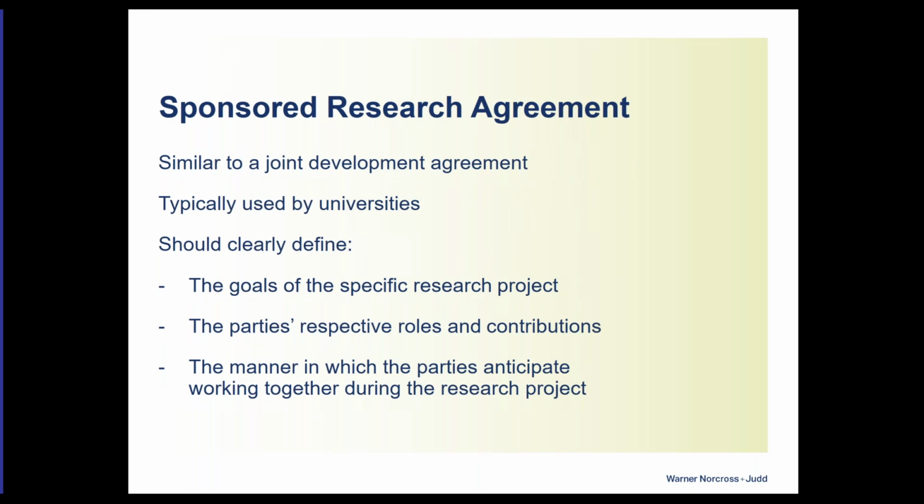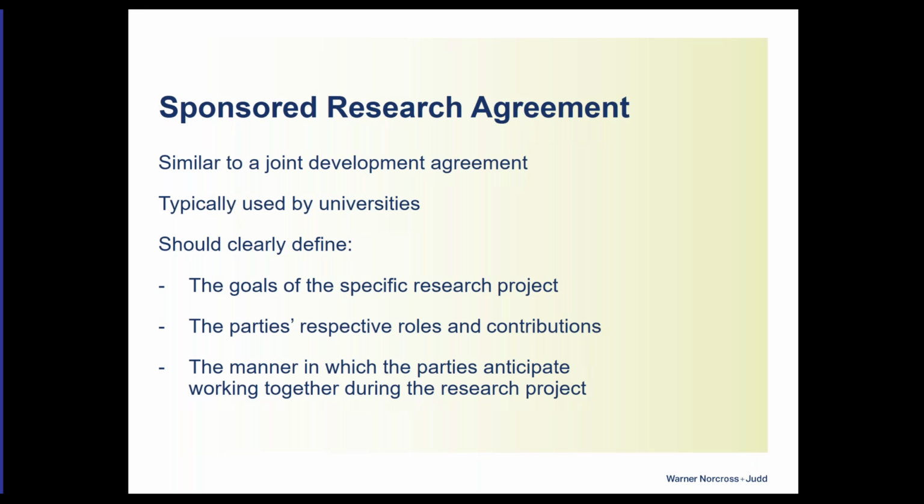Similar to a joint development agreement, and maybe familiar to many in the university space, are sponsored research agreements. While they have a similar underlying purpose to bring two parties together to achieve some type of commercialization goal, these are different in their scope. In many cases, joint development agreements can define a specific problem or a technology that one party is going to pursue for the other or together.